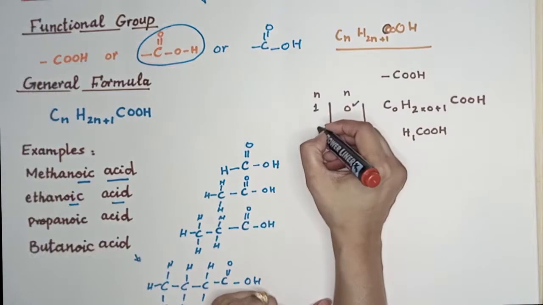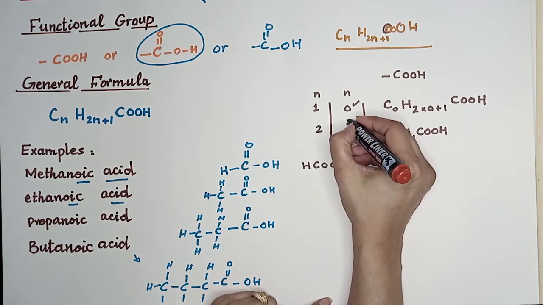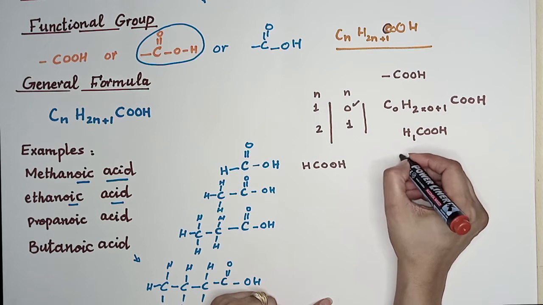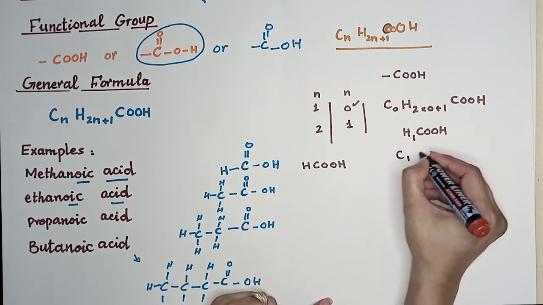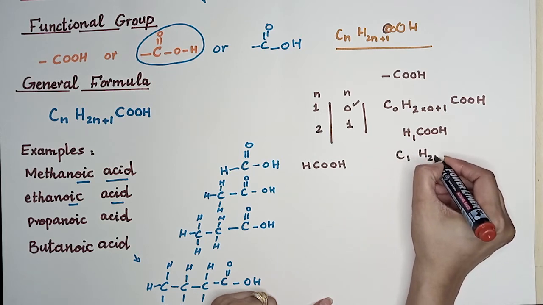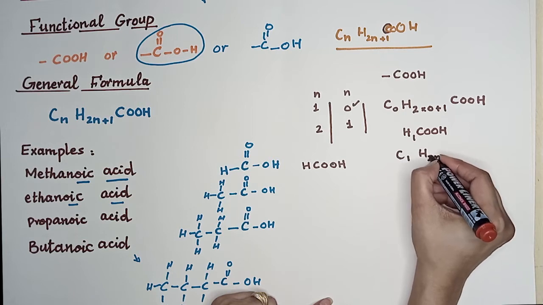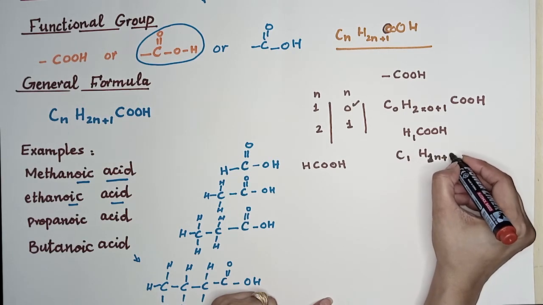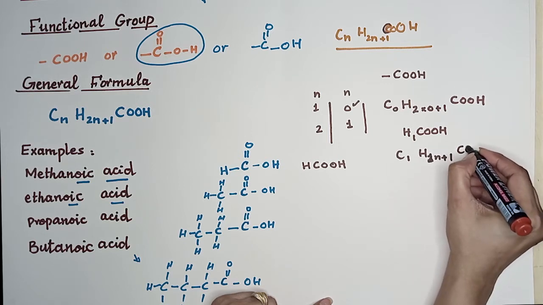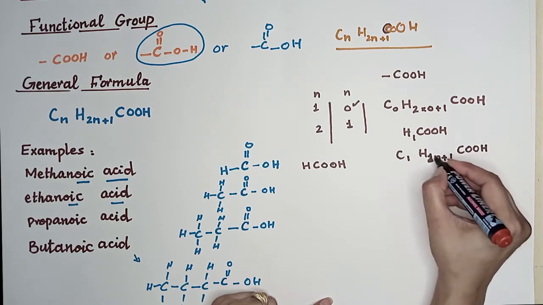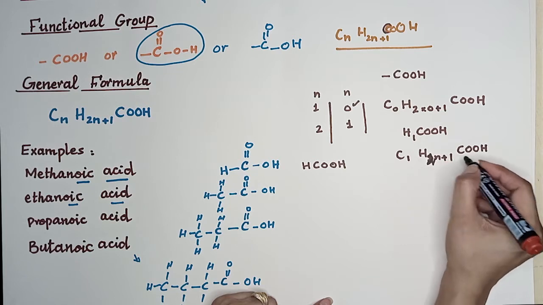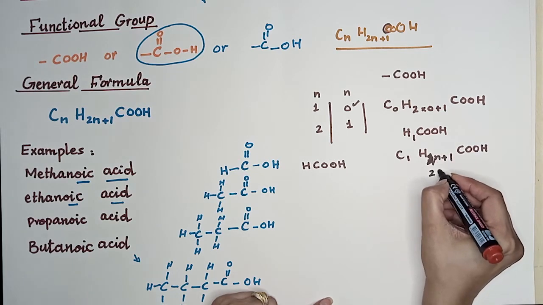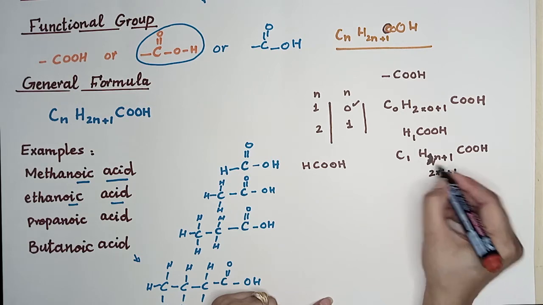So if we are going to write it with 2 carbon atoms, we will take n as 1 in the formula, and for this we will add 1. CnH2n+1COOH, with n as 1: 2 multiplied by 1 plus 1.